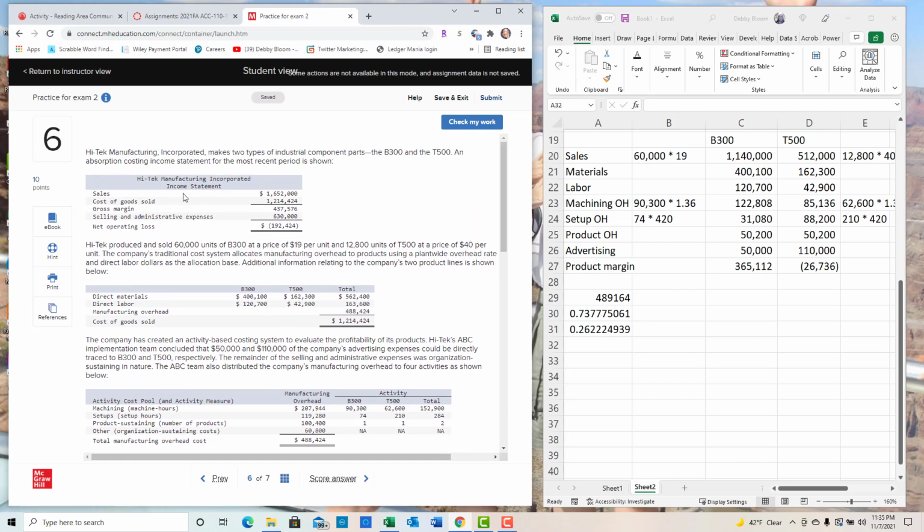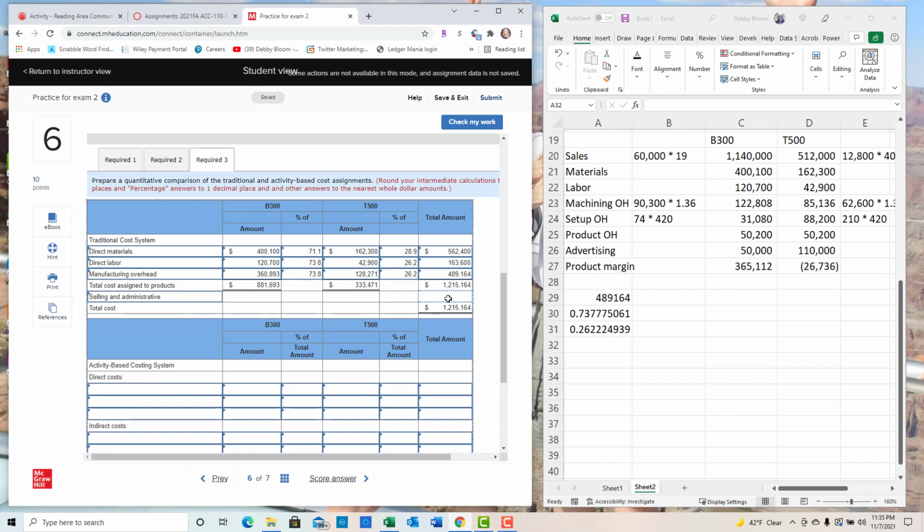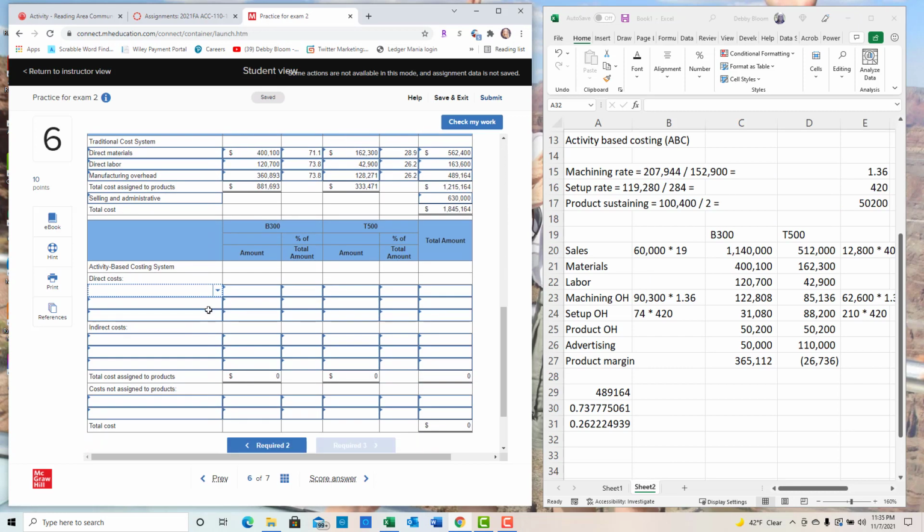My selling and administrative expenses are given in the income statement as $630,000. So I have my total costs under a traditional costing system, 1,845,164.